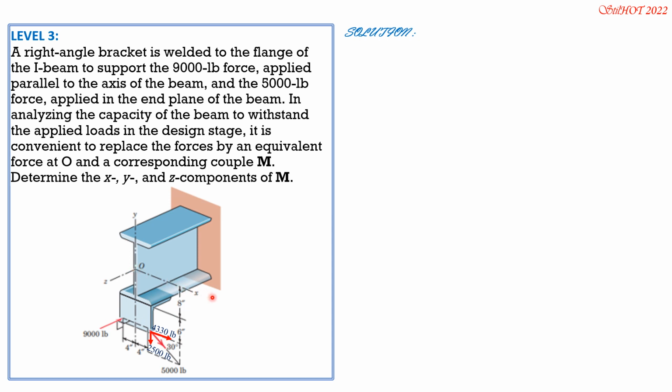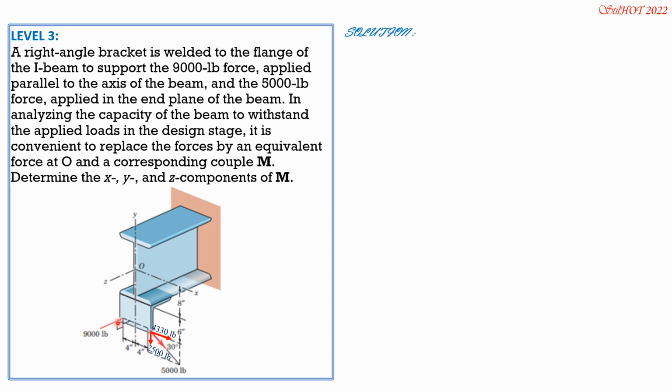Now, if this is your right thumb towards the positive x-axis, the curling of your four fingers for positive moment is that sense, which is the same moment as 9,000. It is coming down, then it will rise, rotating about the x-axis in that sense. And this is also, if this is your right thumb, these are also your four fingers curling in the same sense.